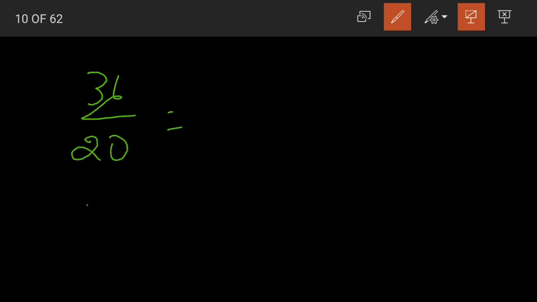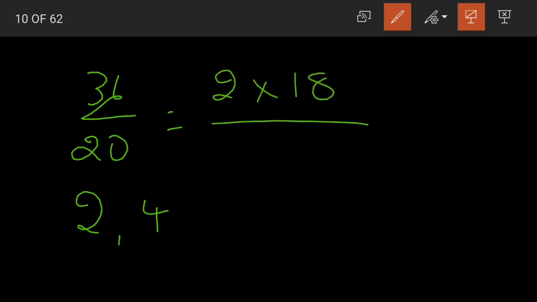If you look, this is a fraction which can be simplified to its lowest term. By which table are these two divisible? They both are divisible by 2, and 4 also. One way to simplify to the lowest term is to write it as 2 into 18 divided by 2 into 10.